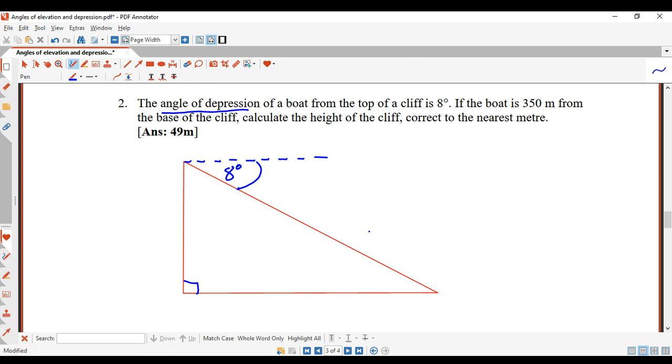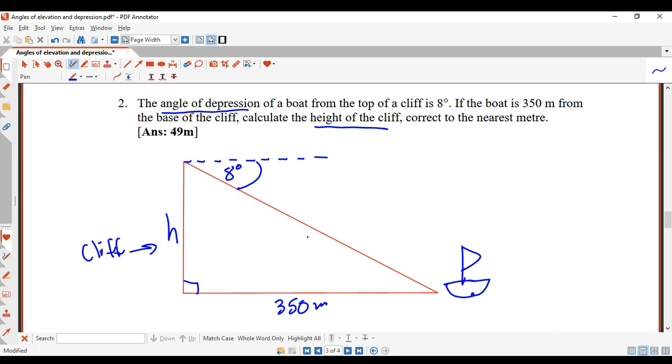So you've got to put that in. And it says the boat is 350 metres from the base of the cliff. So there's 350 metres. By the way, the cliff is there, and here's the boat. And you've got to find the height of the cliff. So it's this one here.